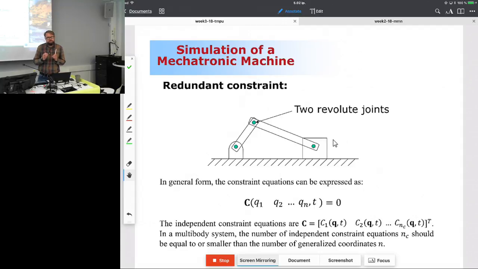So you easily have a redundant system. Redundant system means that you have constraint equations that are not independent, but depend on each other. And that's not good modeling policy. You should try to avoid it, because if you have a redundant system, then the reaction forces are unclear, and you can make a wrong interpretation concerning reaction forces.